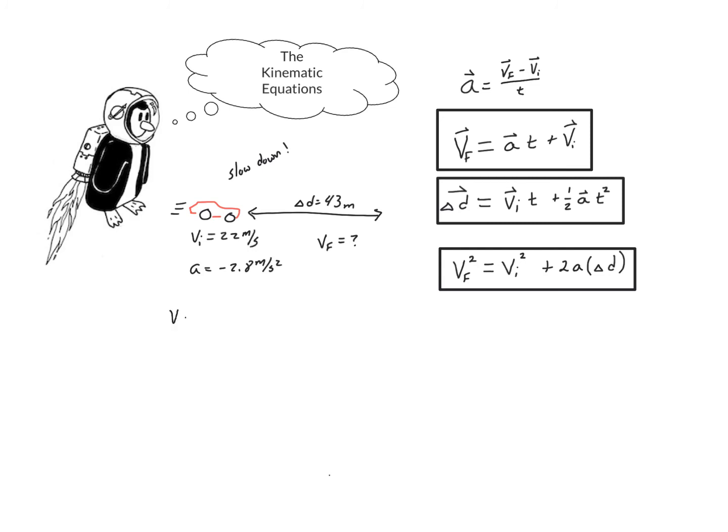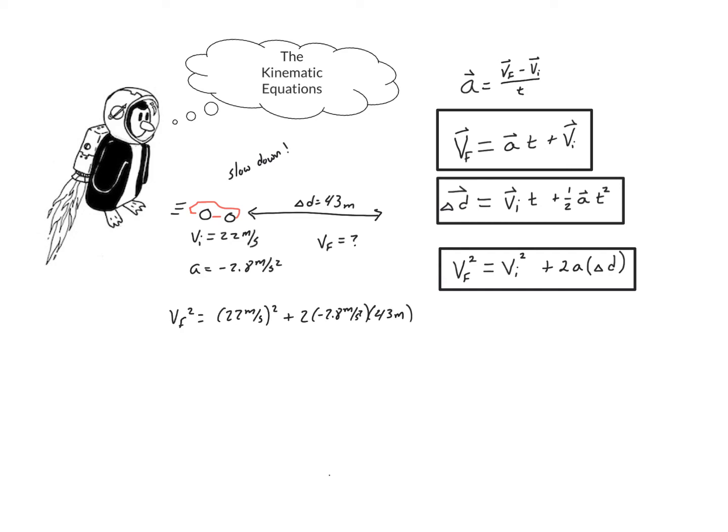So our final velocity squared is going to be equal to 22 meters per second, squared, plus 2 times negative 2.8 meters per second squared times 43 meters.